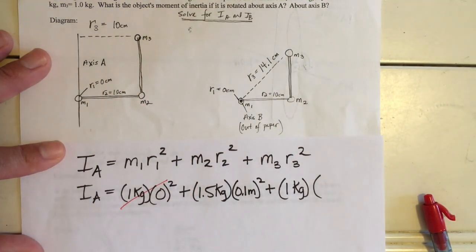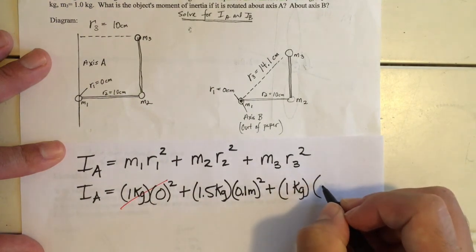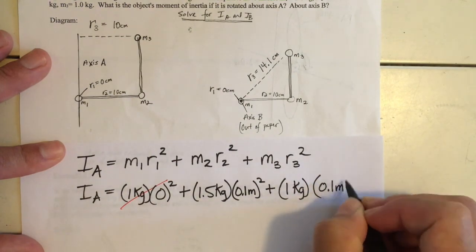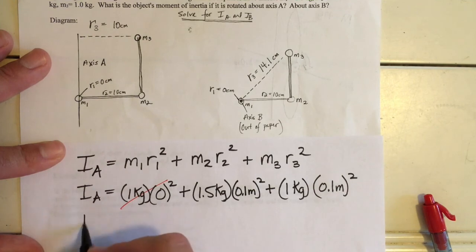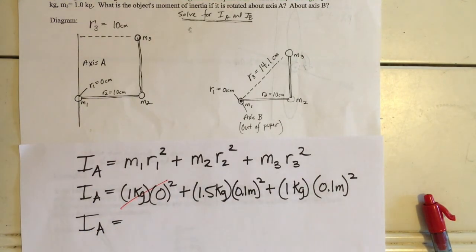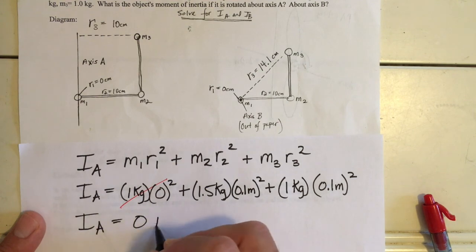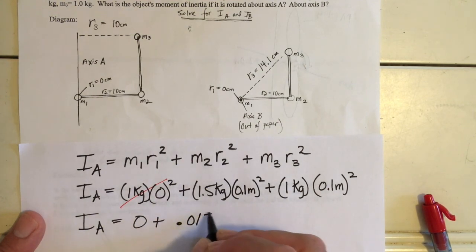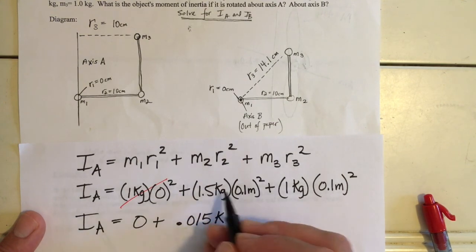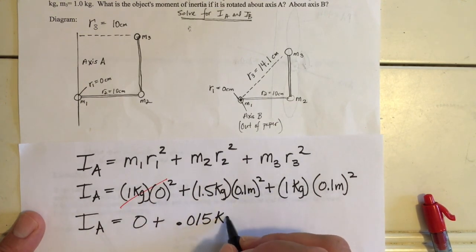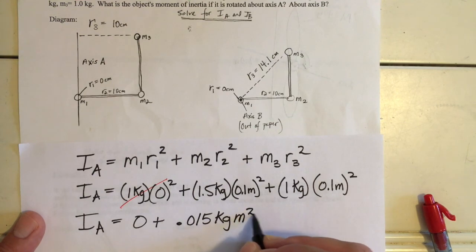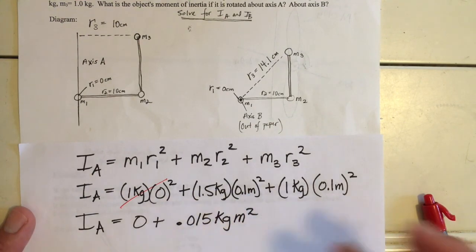So 0.1. All right, so we can then say that IA is equal to, I think I already did the math for these, so this is going to be 0 plus 0.015, units here are kilograms times, don't forget to square your meters. Remember, we only square the 0.1 here.